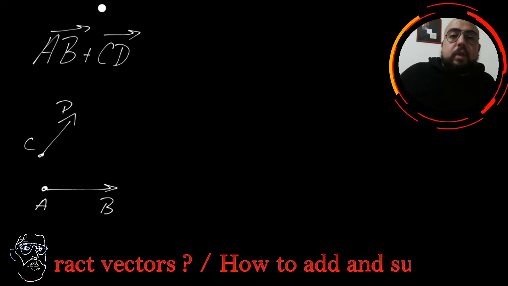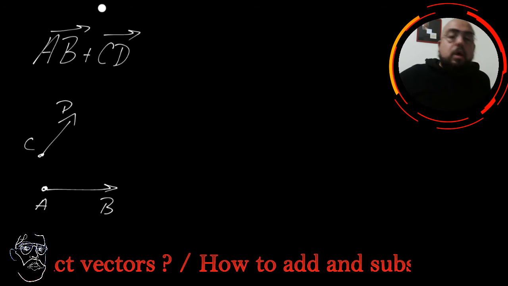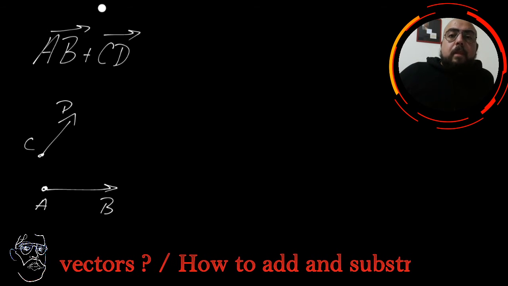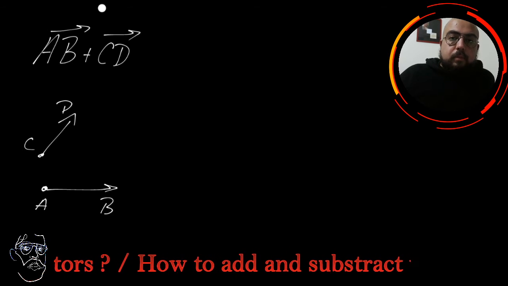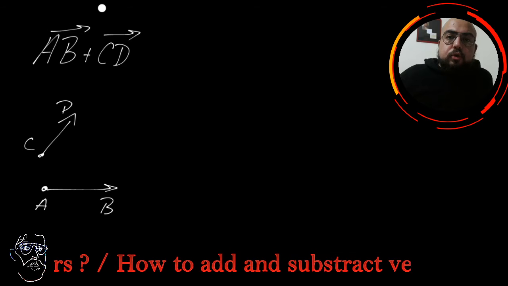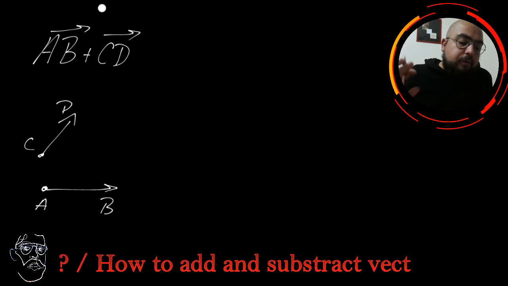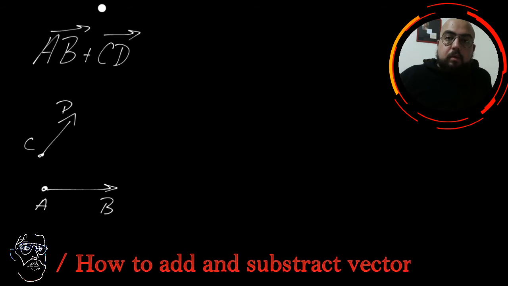I do not have two consecutive vectors, nor do I have the addition of two vectors having the same origin. So I will simply choose to do a translation of the vector AB.